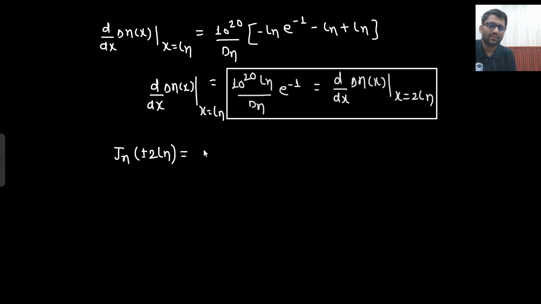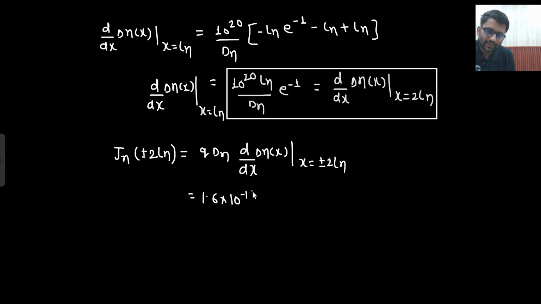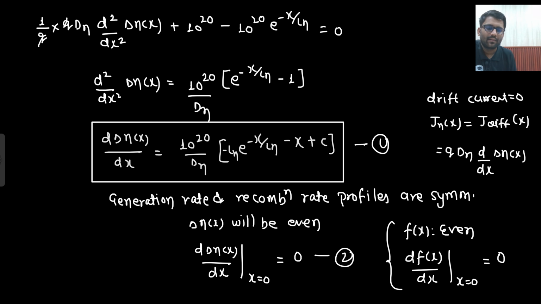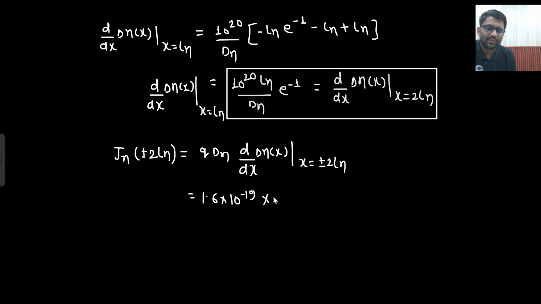What would that be equal to? q into dn d by dx delta nx at x equal to plus minus 2 ln. 1.6 into 10 to the power minus 19. The value of dn is not mentioned. And this is the slope that we are getting, 10 to the power 20.